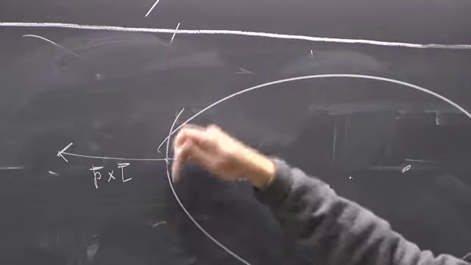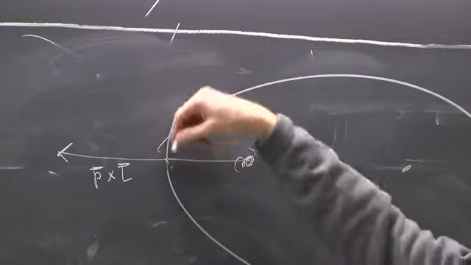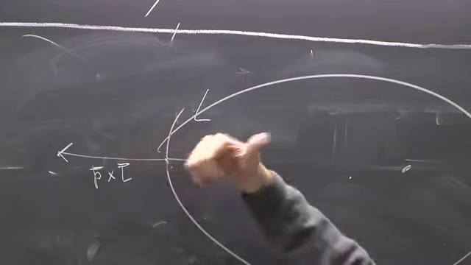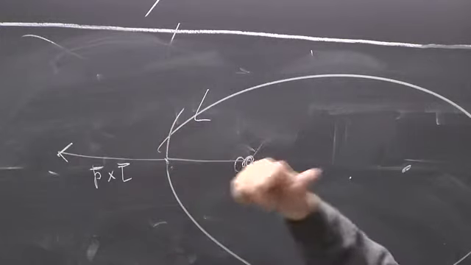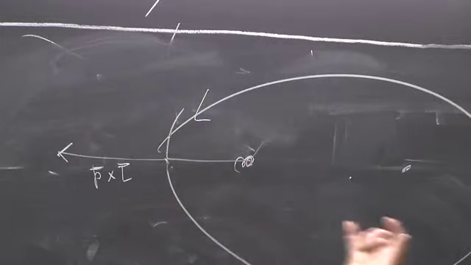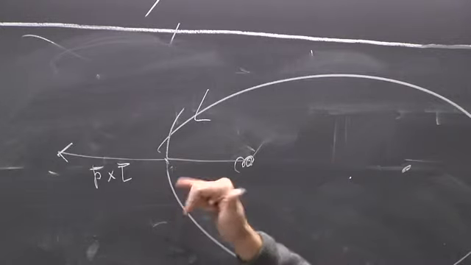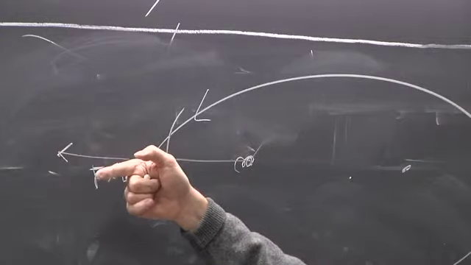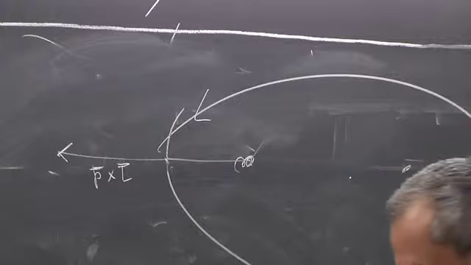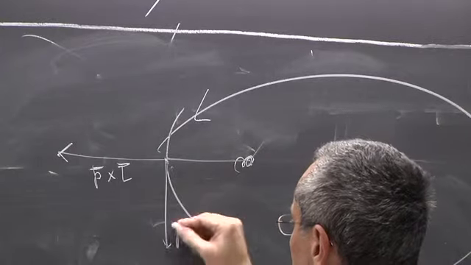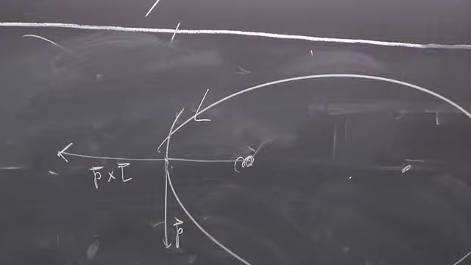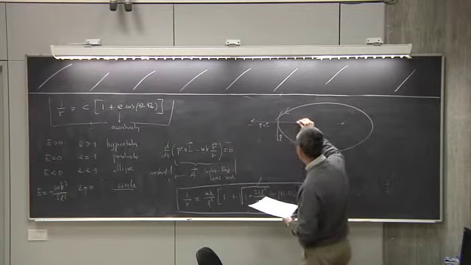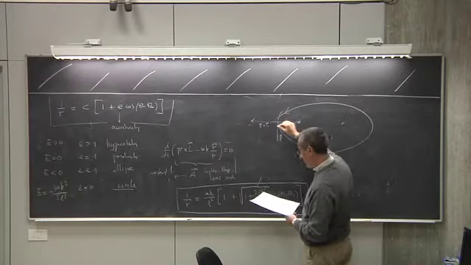Because P is, let's say this guy goes, P is in the direction of the velocity, right? The angular momentum, we said, is pointing either this way or that way. Well, I guess it's pointing this way outside from the blackboard here. So the vector product of these two is going to point in that direction, right? Remember, they are always orthogonal. So P is pointing this way here, right? And this is R, so it's pointing in the direction of R, so it's pointing in this direction.